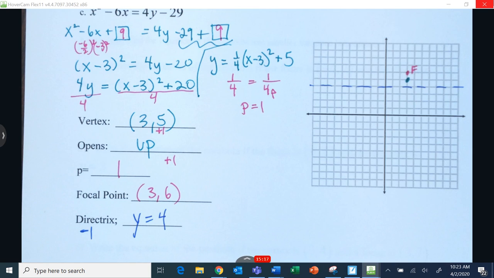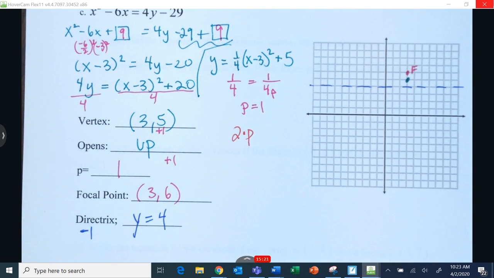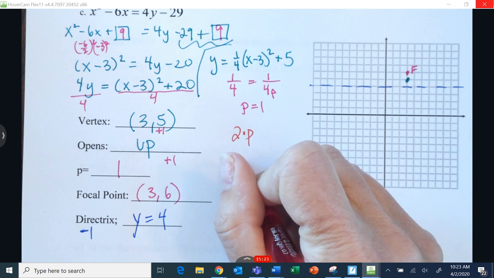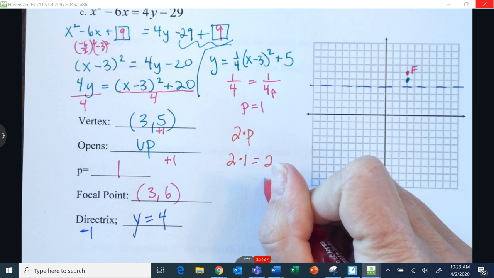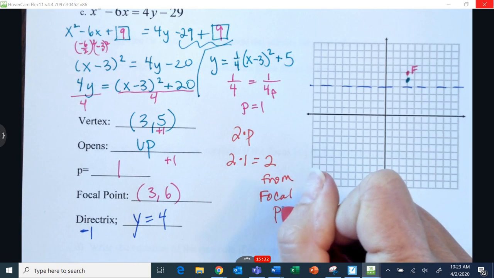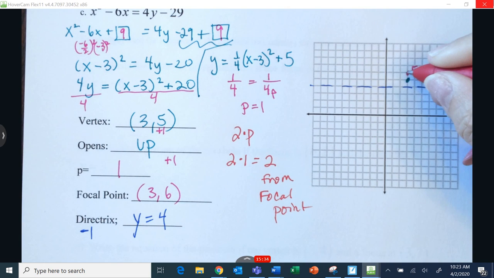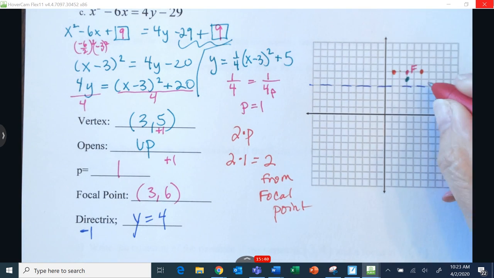Graph it easy, I'm going to use this 2 times p trick that goes out from the focal point. So 2 times our p-value is 1. I'm going to go 2 units from the focus, from the focal point. So from the focal point, I go out 2 units in either direction, and I have 3 points for my graph.